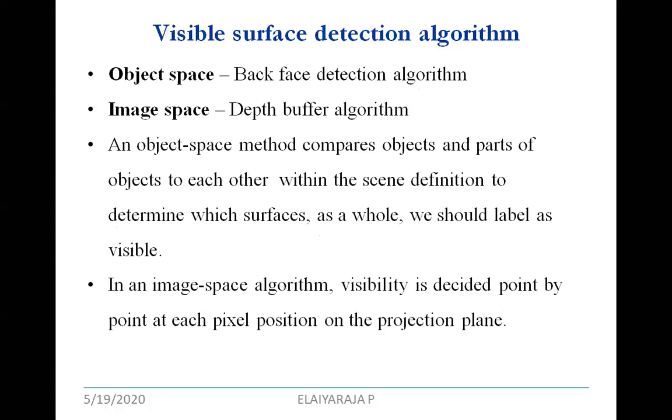First, with respect to object space, we are going to discuss the backface detection algorithm. In object space, we call it backface culling, which means removing the back faces: the object faces that can be viewed by the viewer you consider, and the back face that cannot be viewed you remove.